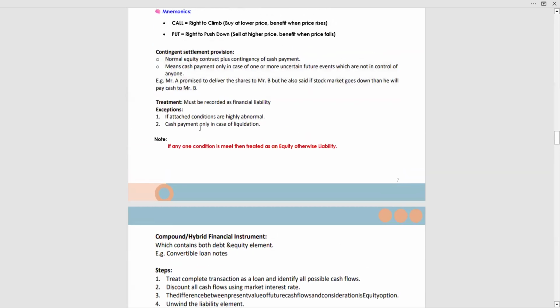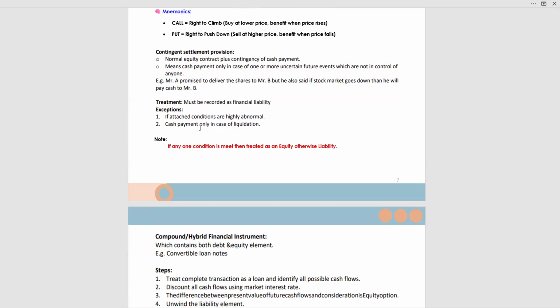There is a contingent settlement provision, a very important concept, because most students may find difficulty in it. Whenever there is the word contingent, it means there are conditions.